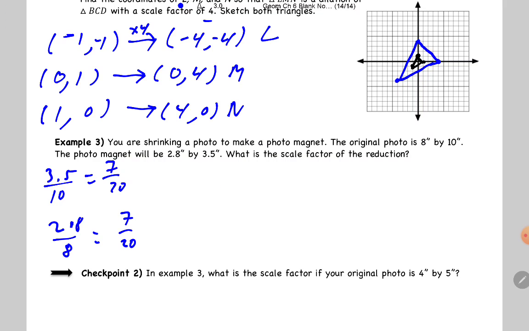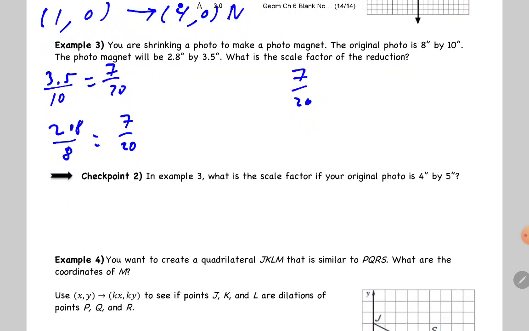So yeah, the scale factor is 7 over 20. The photo will be reduced, the magnet will be 7/20ths of the photo.